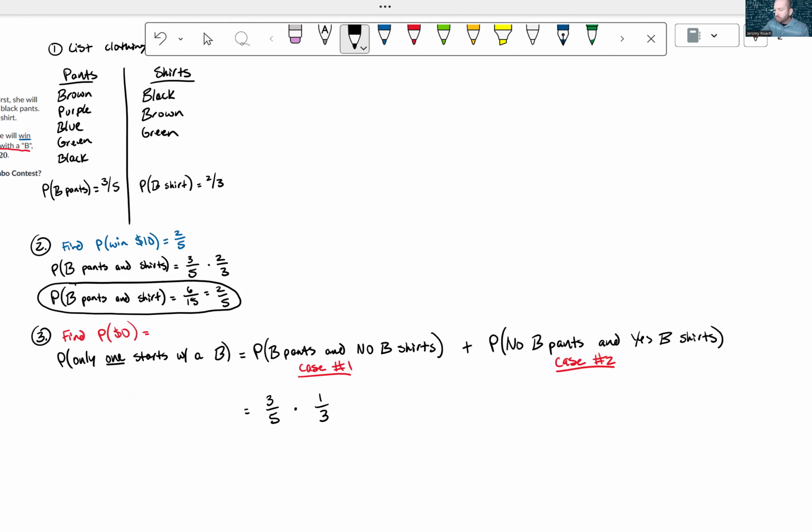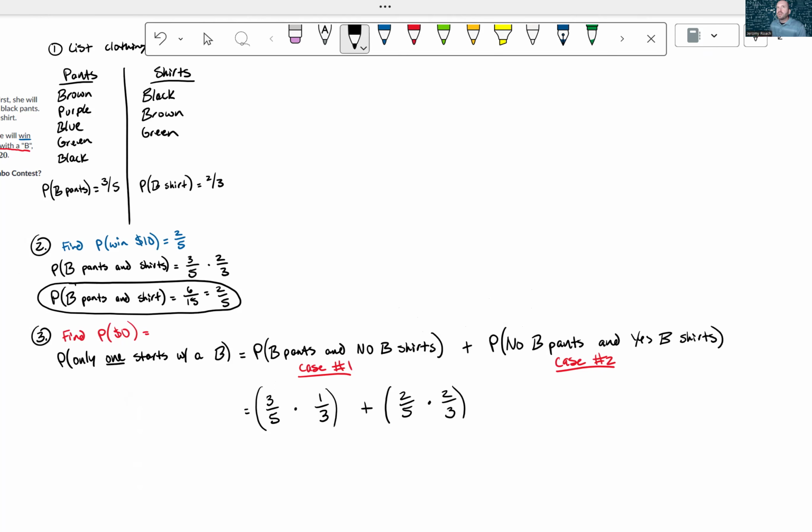Just did the complement rule, 1 minus 2/3 to get 1/3. Plus the probability that she doesn't have pants that start with a B is the complement rule, 1 minus 3/5 is 2/5, times, because we're saying and, the probability of a shirt that does start with a B is 2/3.